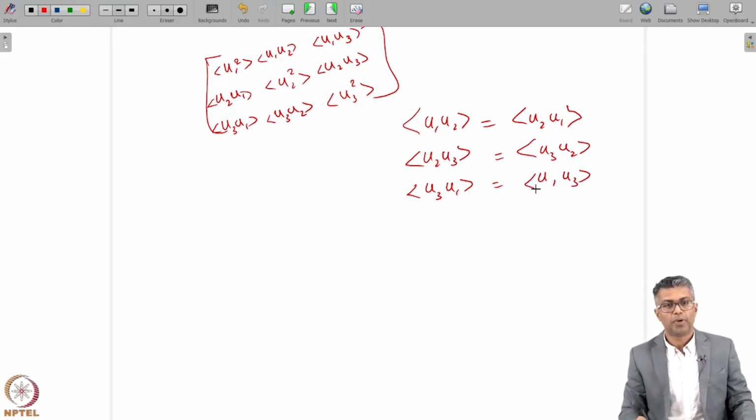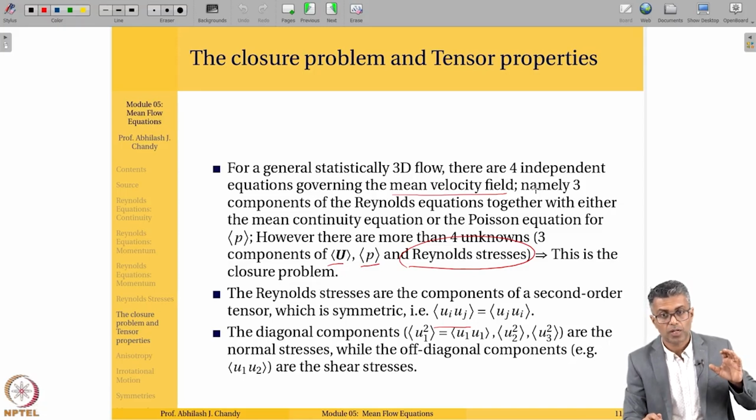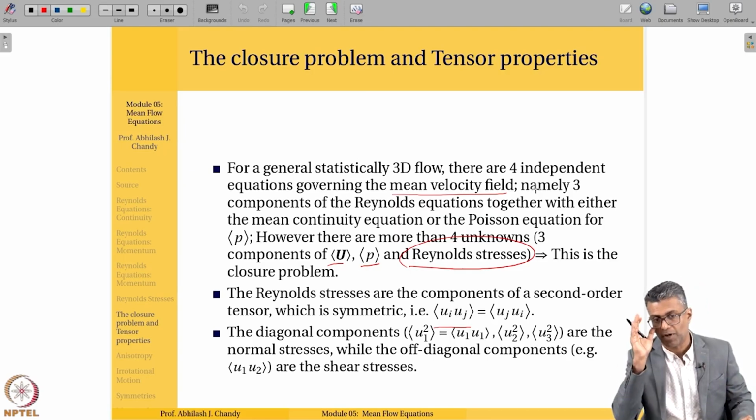So because it is symmetric, essentially you have 6 components that are unknown. It started with 9 components being a second order tensor, but because it is symmetric, you have 6 components that are unknown. So the Reynolds stress tensor is a symmetric tensor. And now we know the off-diagonal components are equal to each other because of the symmetry.